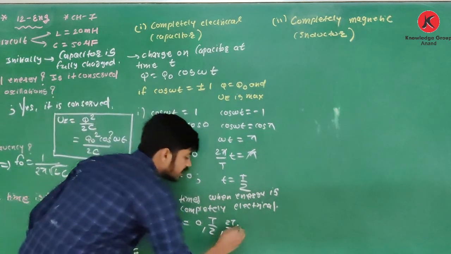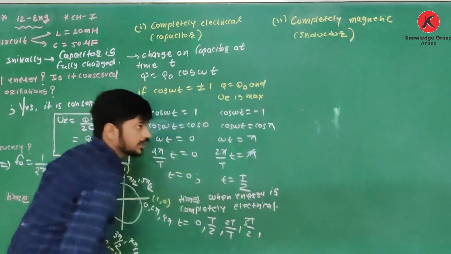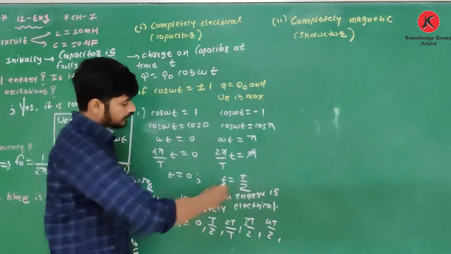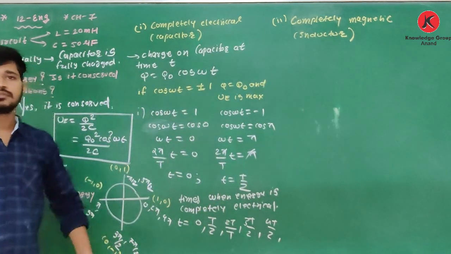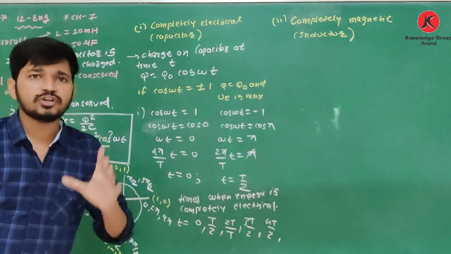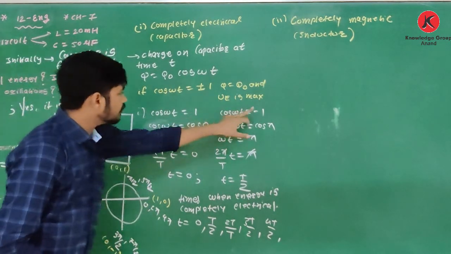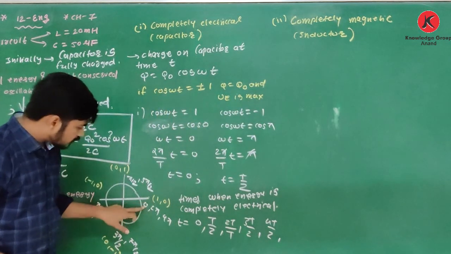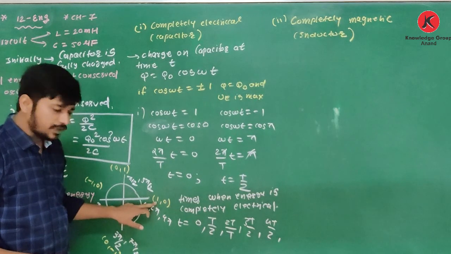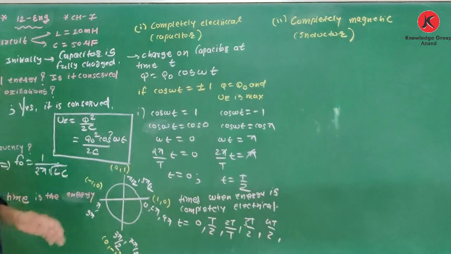Yes or no? Add another T by 2 means it is 3T by 2. Add another T by 2 means it is 4T by 2, etc. Simple. If you don't know its general equation, you can take any two first values. The value of cos is 1 for 0 and it is minus 1 for pi.